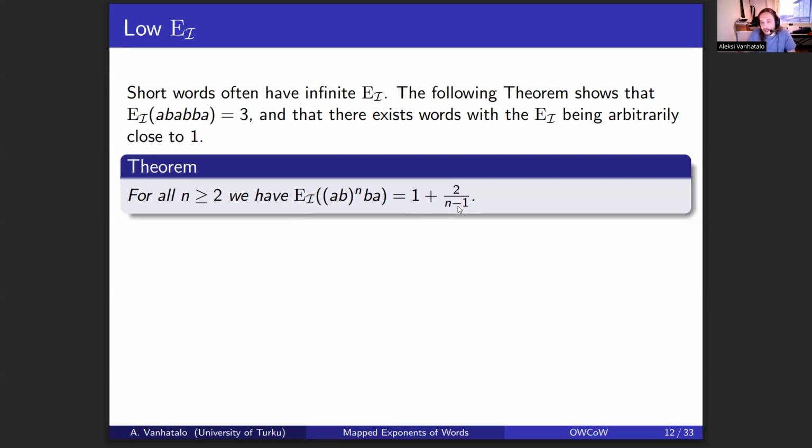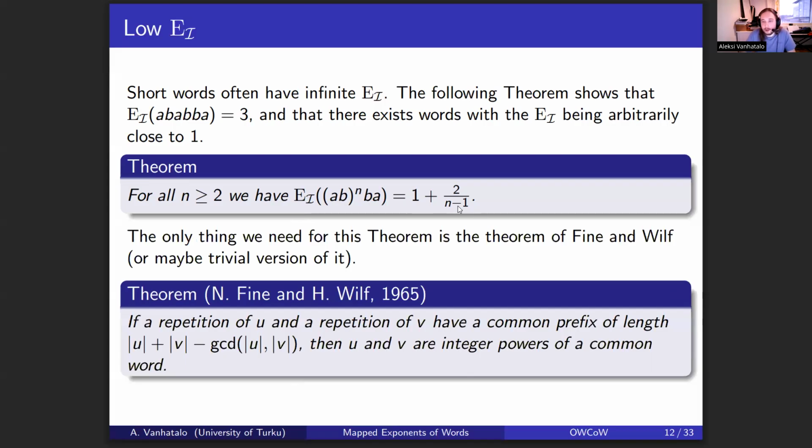And I'm going to prove this, because we only need the theorem of Fine and Wilf, and we don't even need the greatest common divisor part of it. So famously, the theorem of Fine and Wilf says that if a repetition of U and a repetition of V have a common prefix of length at least the length of U plus the length of V, and we ignore the gcd part, then U and V are integer powers of a common word.